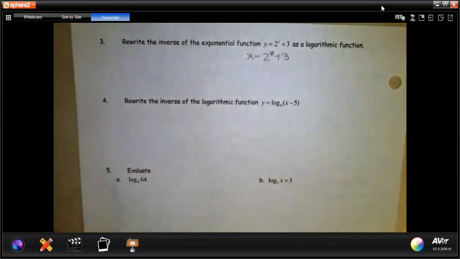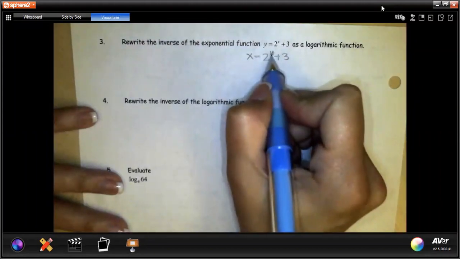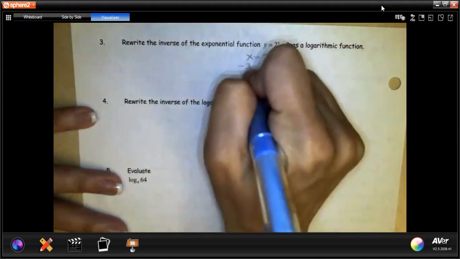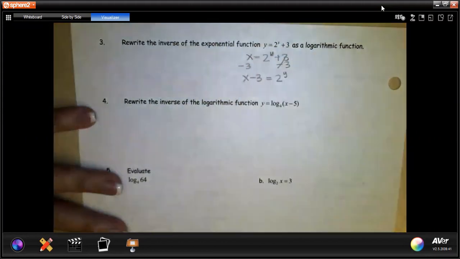That's my first step. I've switched my x and y. Now I want to get the y by itself because we never leave y inside the equation since that's our dependent variable. So I'm going to subtract the 3 to get it to the other side. That gives us x minus 3 is equal to 2 to the y power.